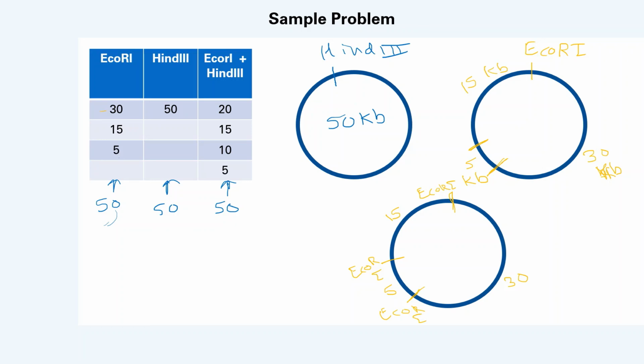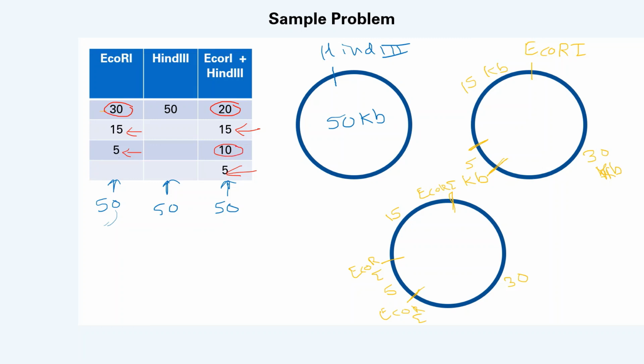Now I am going to overlap HindIII fragments on top of it. So when I look at the double digest and I see there is 15 here and 15 here, that stays intact. That means HindIII is not cutting inside that 15 kb fragment. There's 5 here and 5 here. That means that fragment also stays intact. But there's this 30 fragment which is actually getting split into 20 and 10.